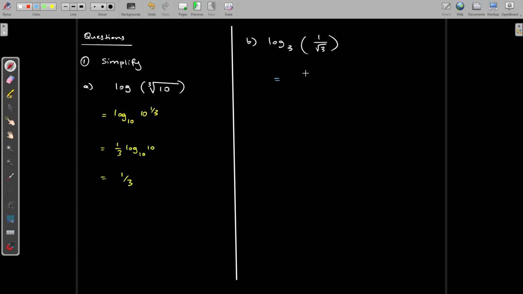The square root of 3 becomes 3 to the negative a half, and then same thing, put the negative a half on the front, and yeah, I got negative a half for the answer. And did everyone get negative a half? Yes, sir. Alright, it seems as if we need to step it up a notch.